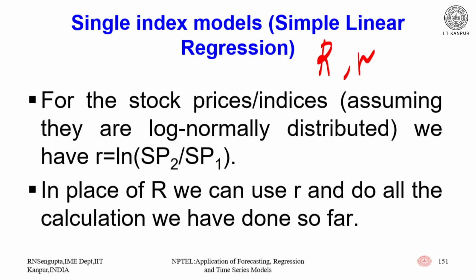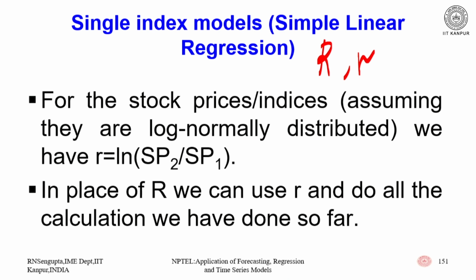We take ln of SP2, the stock price for time period 2, divided by SP1, the stock price for time period 1. Technically, it means that we are taking the ratio and then taking the Neperian log or the natural log.